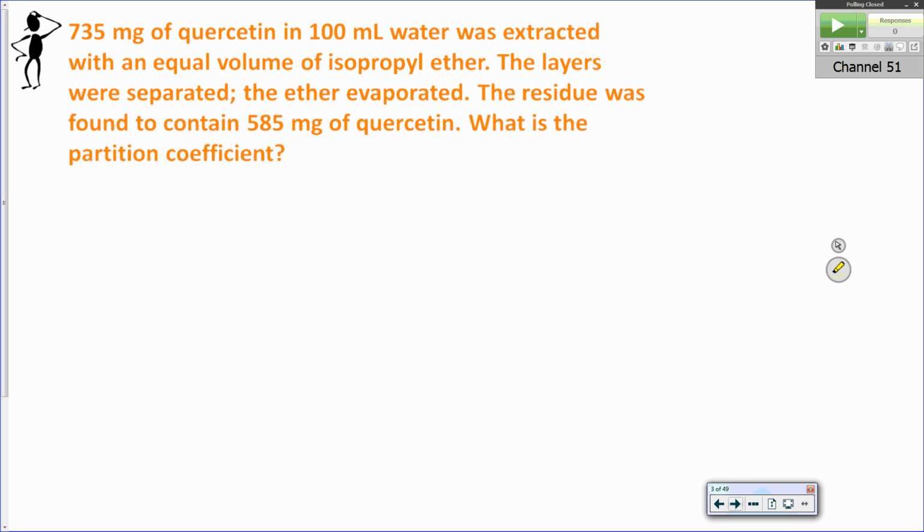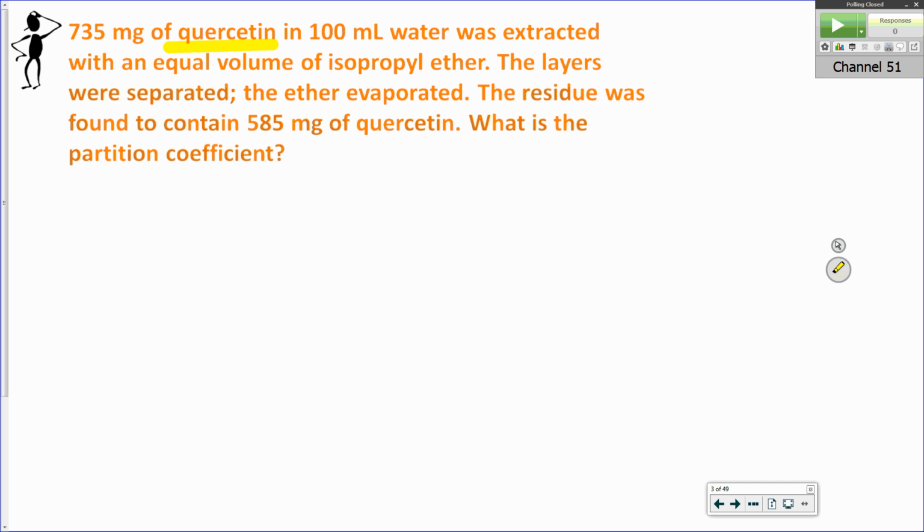Just here's a couple of examples of something you may be asked to do. And on the final exam, it's something that I would expect you to do as well. You've got a compound, and you've got a certain mass of it in water, and you're going to extract it in an equal volume of isopropyl ether.